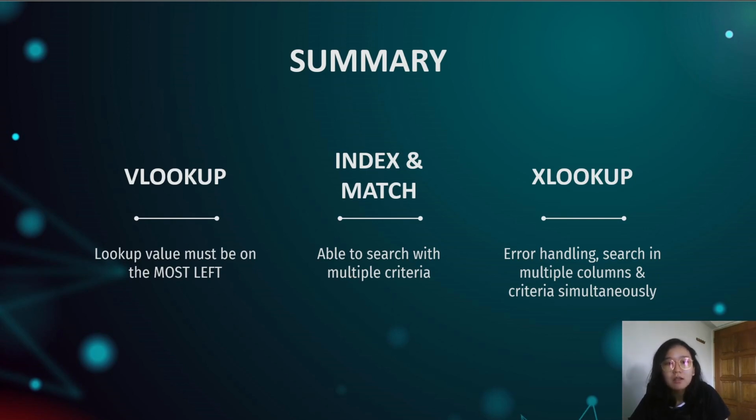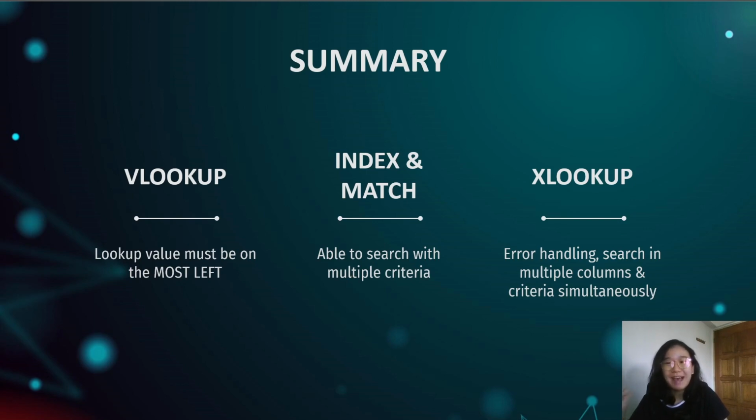So meaning that as long as the lookup value is not on the most left, it will come up with the error result. So for INDEX and MATCH, the pro of this is that it's able to search multiple criteria, but as we have demonstrated previously, if we want to do some error handling, we'll have to wrap it in another IFERROR formula to nest it up.